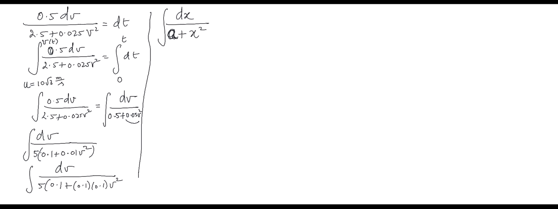Okay. So this whole thing is completed here, because that is just waiting outside. So this whole thing is going to be equal to the integral of dv divided by, even we could have kept it like that.